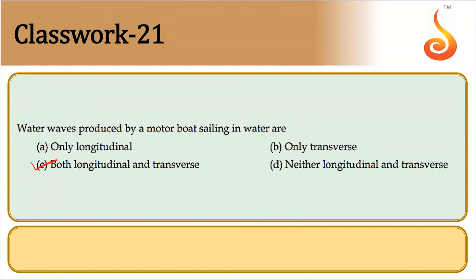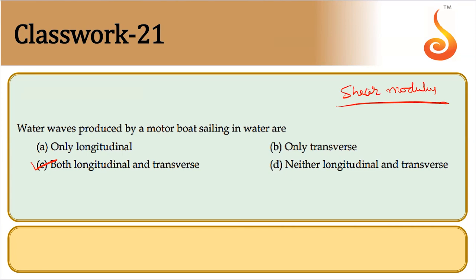See, transverse waves can be produced only in those media where you can define shear modulus. That means when you produce shear, the material should oppose that. But in the case of water or any liquid, you cannot define shear modulus. You can define only bulk modulus. So when a motorboat goes sailing in water, what happens?